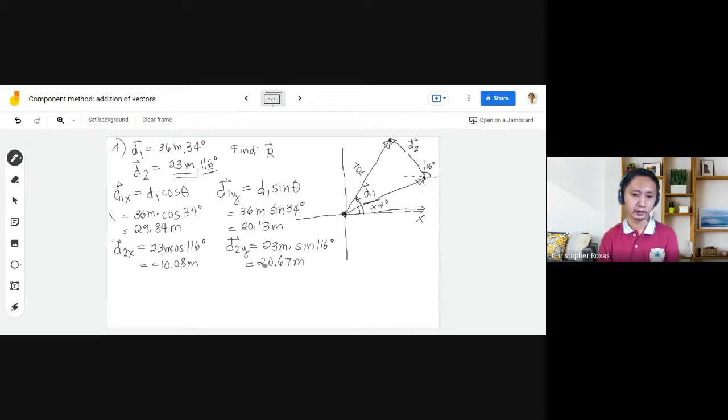So for the x component, negative. For the y, positive. So why is that, class? So D2, this is D2, right?